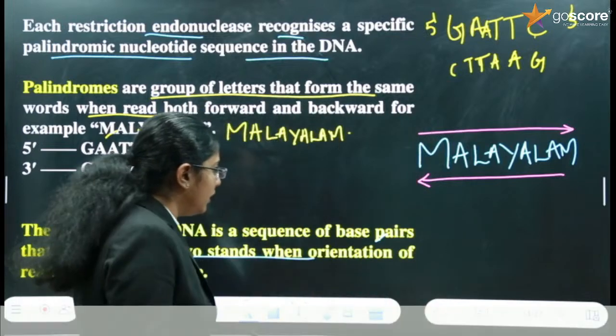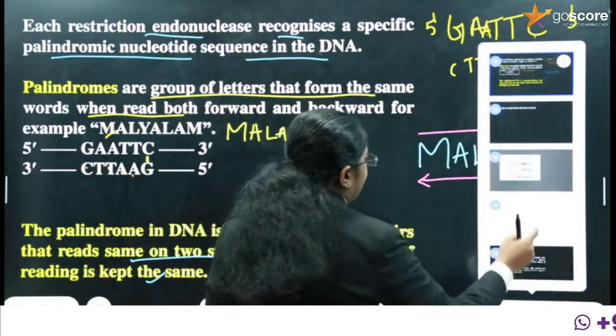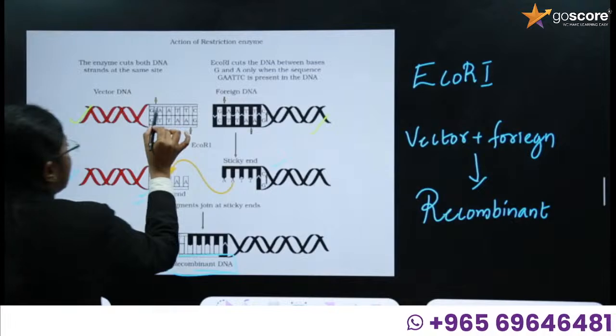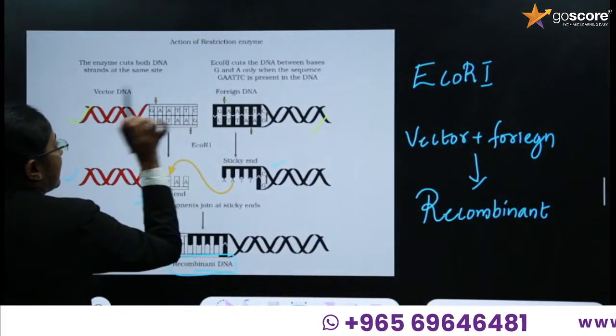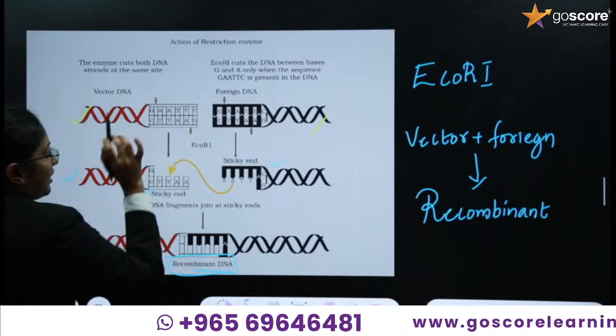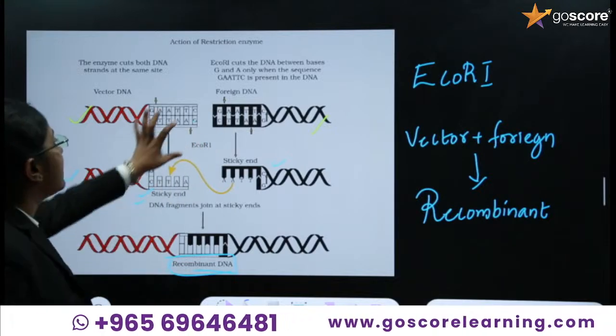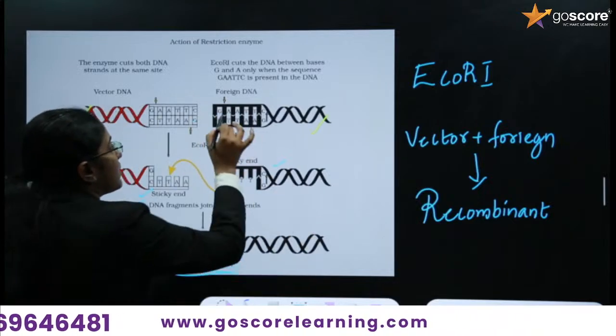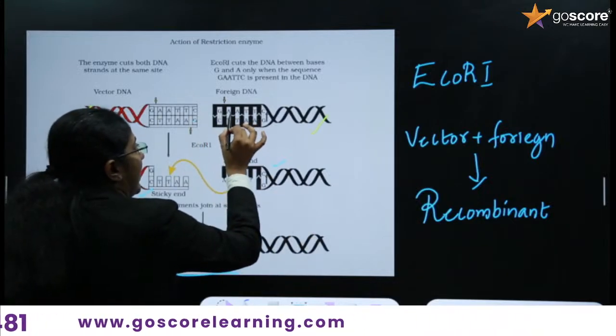I have shown you, right? See, in the previous picture that we have learned, it is given GAATTC. So here also CTTAAG, that is GAATTC. Okay, this is the sequence in vector DNA, whereas in the case of foreign DNA, what is the sequence? There also the sequence is GAATTC.